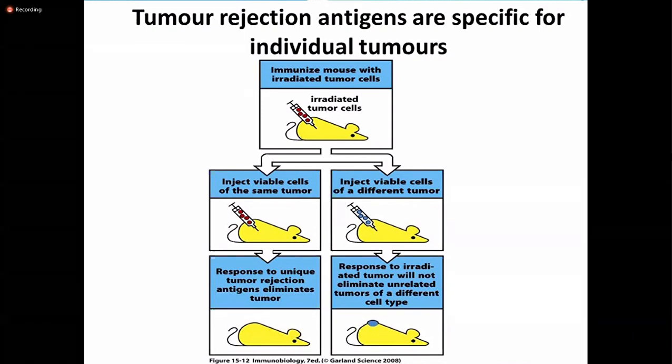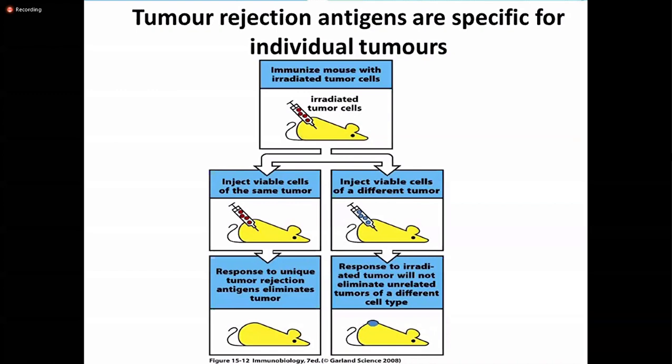So basically, by irradiating cells, giving cells a sublethal dose of high energy X-rays or ionizing radiation, what you're doing is disrupting the DNA of the cells, but not at such high doses that you kill them.